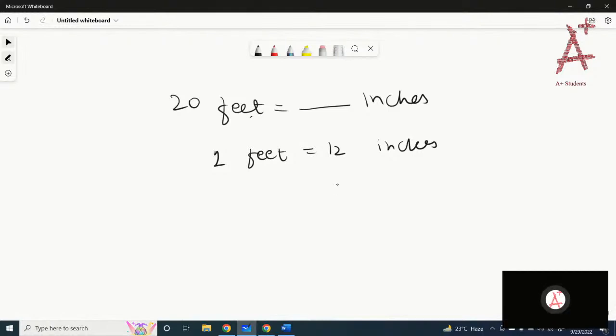Now you have 20 feet. You have to find the answer in inches. So feet is the greater unit. You have to go to the inches. So that's why you have to multiply them. Got it? You have to do 20 times 12, and 20 times 12 is 240 inches. Got it? So in 20 feet, you have 240 inches. Got it?